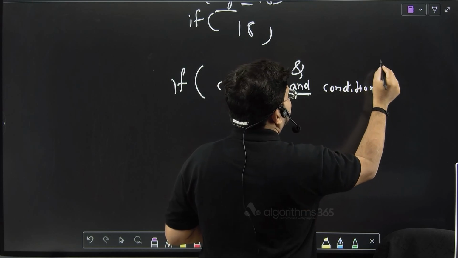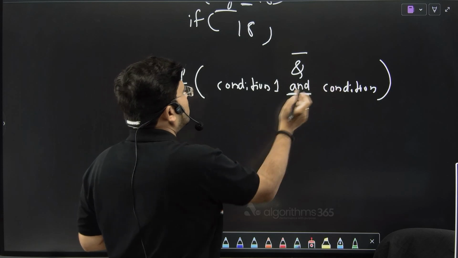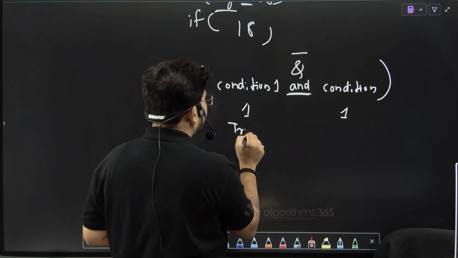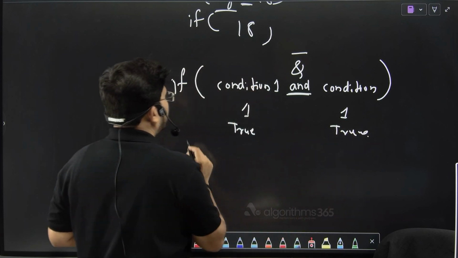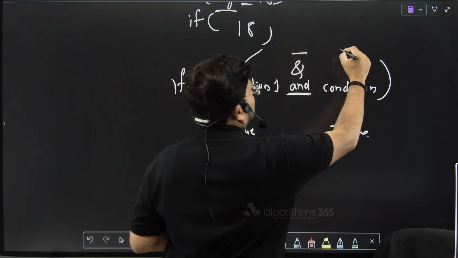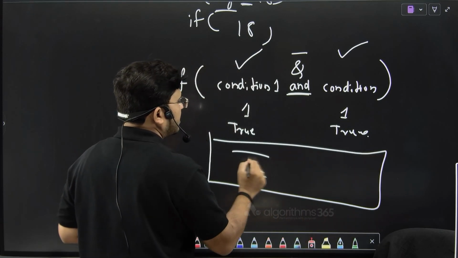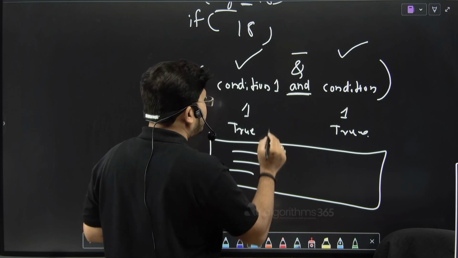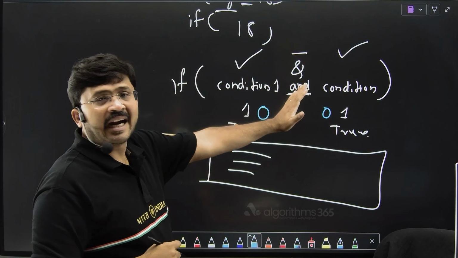So this is an and operator, a conditional operator, which will be true only when both are true. Which means this if block will get executed only when both conditions are true. Then only the block below gets executed. And if one of them is false, either this or this, then it won't execute. So this is the and condition.